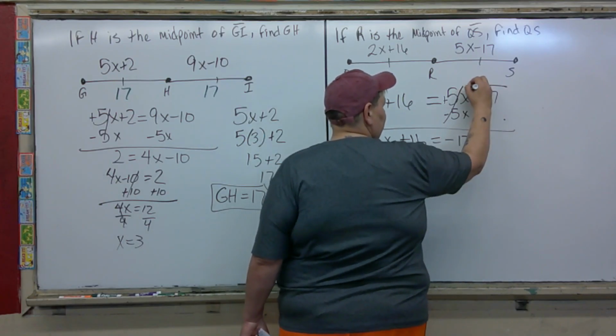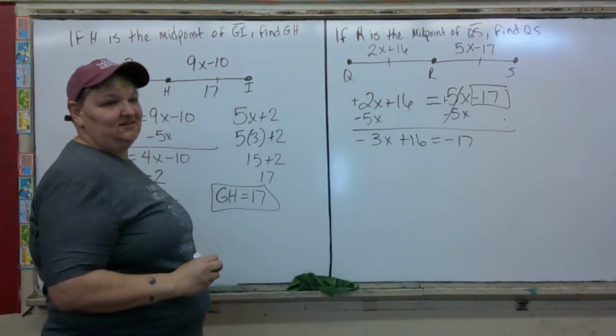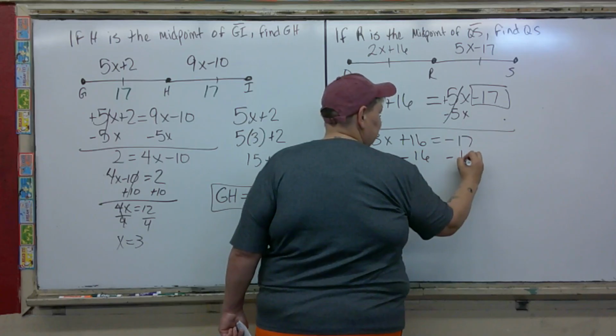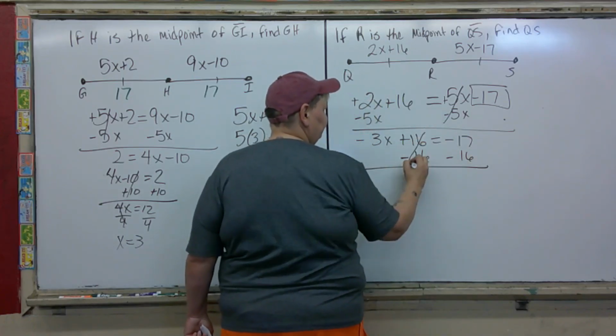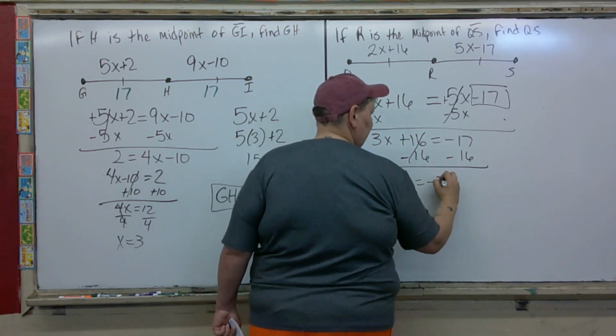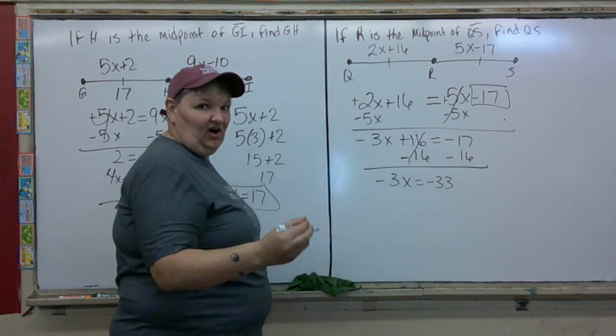Don't lose that negative. This is all part of the same term. That is a negative 17. Right? Positive 16, so we're going to subtract 16 from both sides. Negative 3x equals negative 33. These are both negative. Debt, cost.